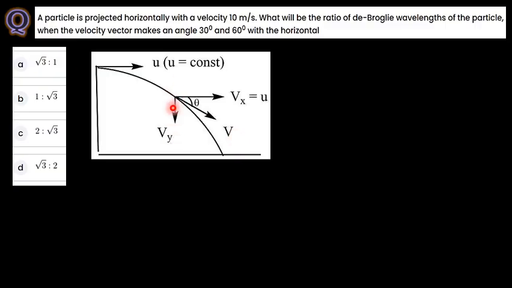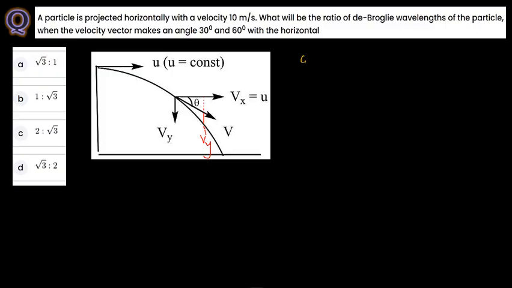This has two components: one along the x-axis and another along the y-axis, Vx and Vy. Here v is the resultant vector, or resultant velocity. This is the x-axis, and this is Vy. First I find the cos theta component.